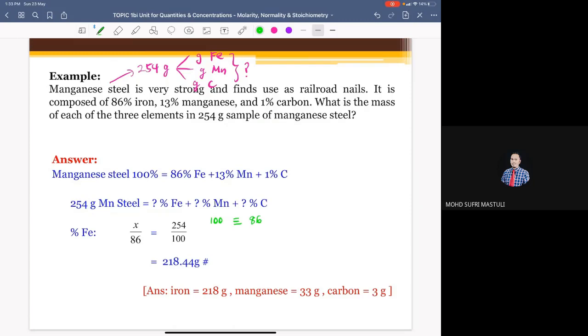So 100% of manganese steel is equivalent to 254 gram.